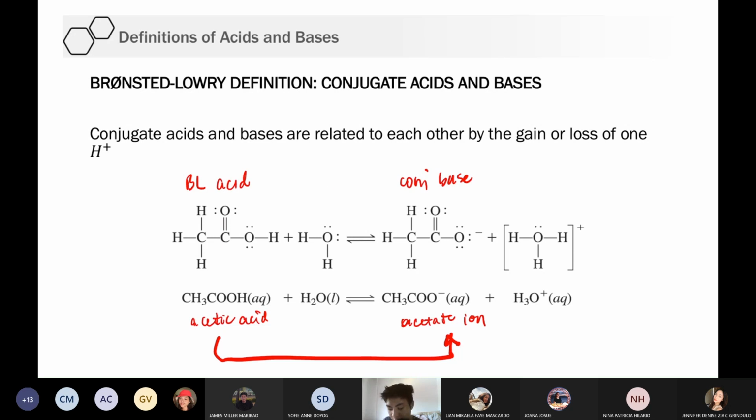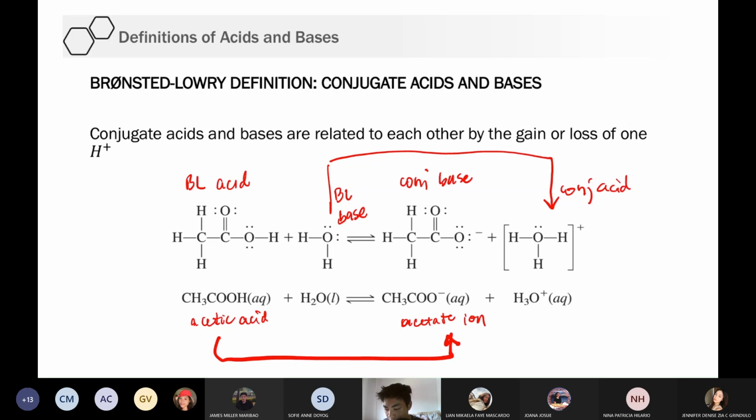What happened sa water? Ano yung water natin? Is this an acid or a base? Syempre, since yung kabilang molecule ay acid, dapat base siya. Okay, so we will call water as the Bronsted-Lowry base. So, ano tawag sa H3O+? Ito yung conjugate acid. Okay? So, ganun lang.